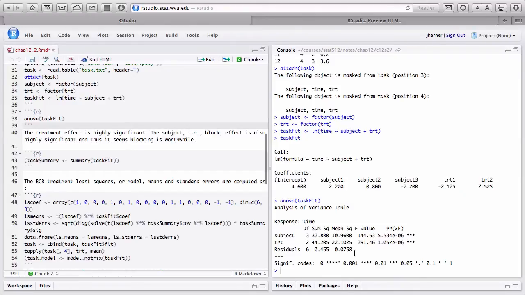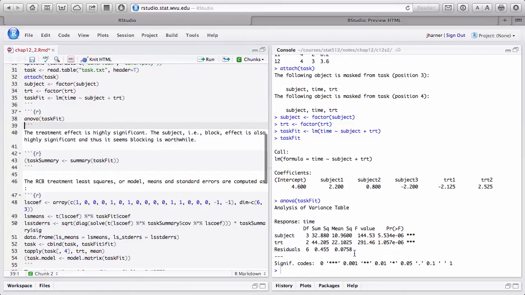So you're going to test treatment by the residual. Likewise, subject is sigma squared plus some function of sigma squared and the beta for the subject effect. And so again, you test it by the error term. The book gives the exact formulas, and I'll add that to the notes. But the point is that we use the residuals to test both of these in this case.